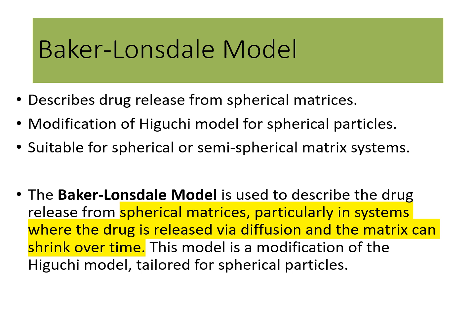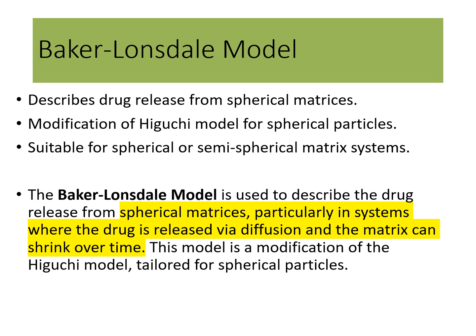Now, coming to the Baker-Lonsdale model, it describes drug release from a spherical matrix. It is a modification of the Higuchi model for spherical particles. So the Higuchi model is modified and applied for spherical particles, and that becomes the Baker-Lonsdale model. It is suitable for spherical or semi-spherical matrix systems.